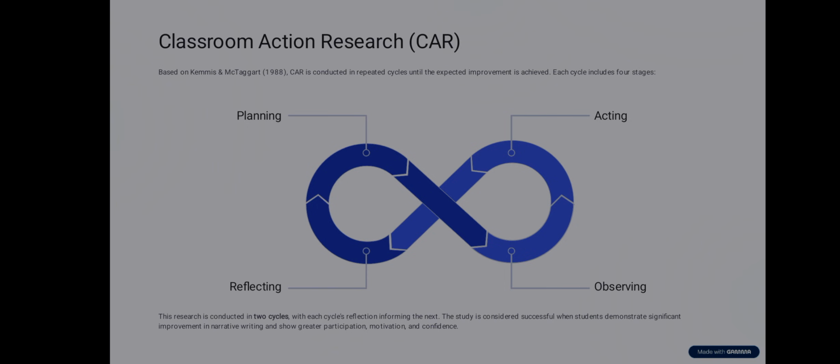Regarding the participants, the study will be conducted with 10th grade students of SMA Negeri 1 Tenggaran during the academic year 2026-2027. Several instruments will be used to collect data.